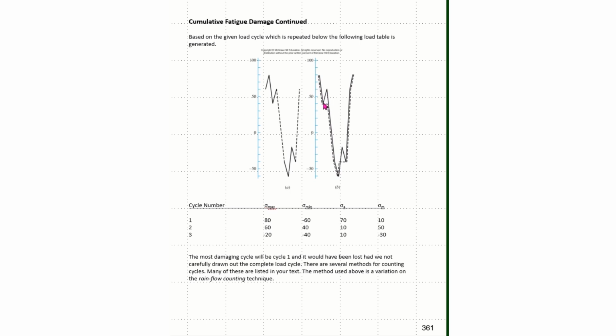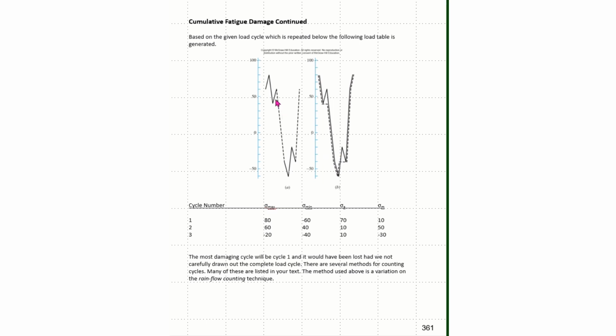My second load cycle will go from this maximum 60 down to this minimum 40 and be this load cycle right here. My third and final load cycle will be the load cycle that goes from the maximum of minus 20 down to the minus 40 and this load cycle here.